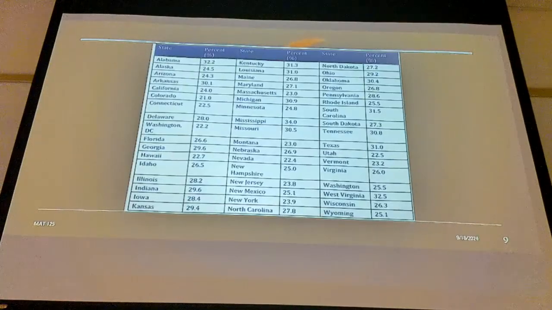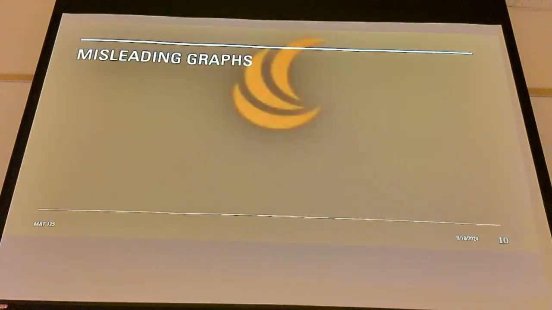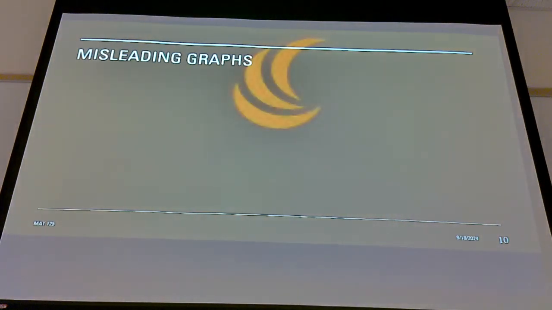There's one thing left to discuss. And that's the idea of misleading graphs. So I kind of touched on this already. You can use data to mislead people. The numbers themselves don't lie.